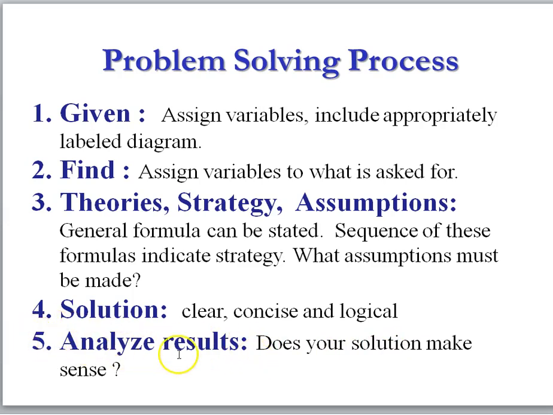And this last step, where you're analyzing the results, this is where you're going to get really good at circuit analysis, really good at problem solving. It's also the step that you'll probably take the least time with initially, because you're going to be working so hard on determining what the problem statement means, so you can understand the givens and assign them to the variables and what you're being asked for, and you're working with your theories and strategies and assumptions.